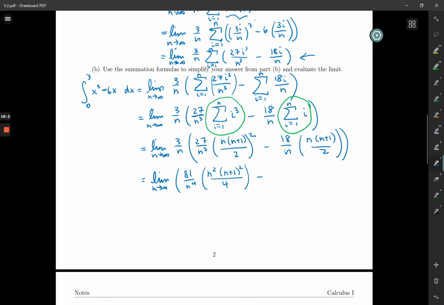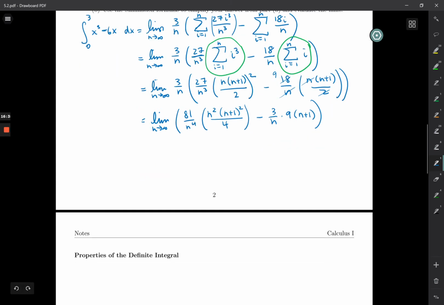Now, what we have in the next piece, remember we have our 3 over n, and then we also have this other stuff. So I'm going to go ahead and simplify this now, just to make things a little bit easier. So we can get some cancellation. We would be left with 9 times n plus 1, right? And then let's go ahead and try to simplify some more.